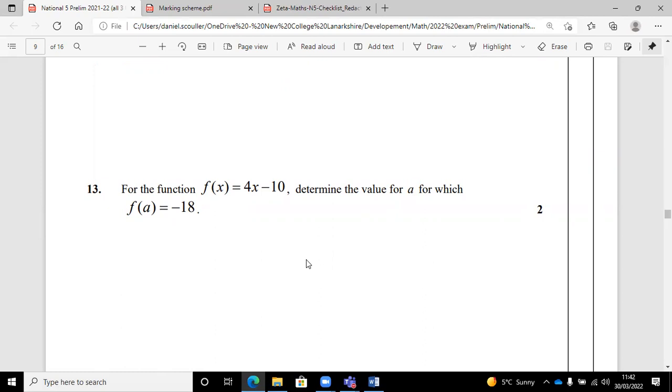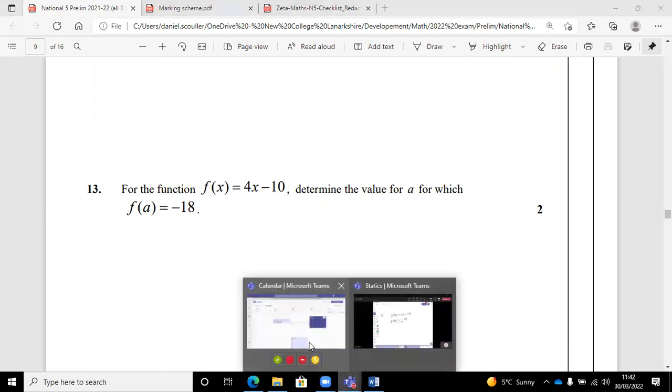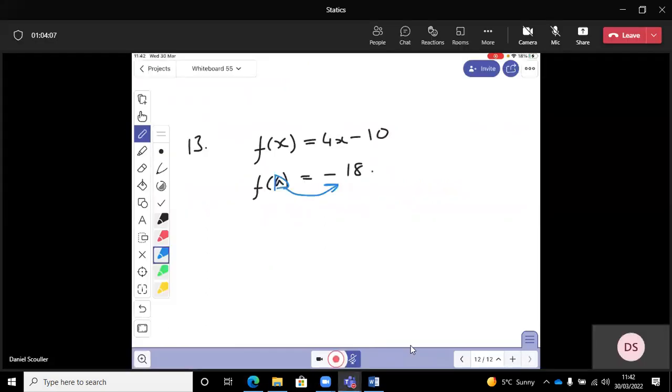Okay, so what could this value be to allow us to get to negative 18? Okay. What could that value A go into there to get to negative 18? Okay, so we're looking for that to change. Okay, so we substitute something into there to allow us to get to negative 18.